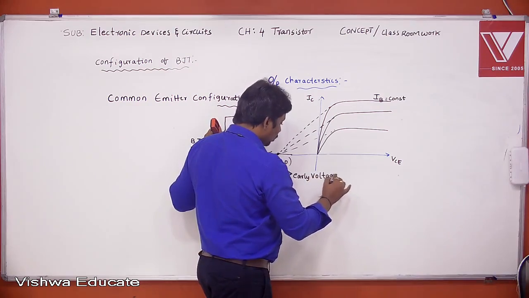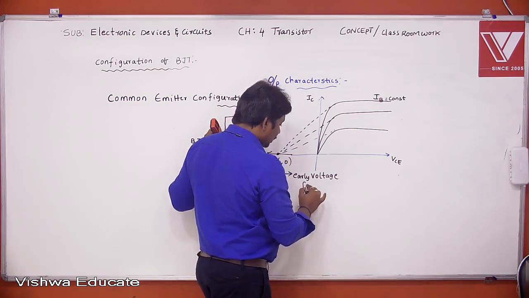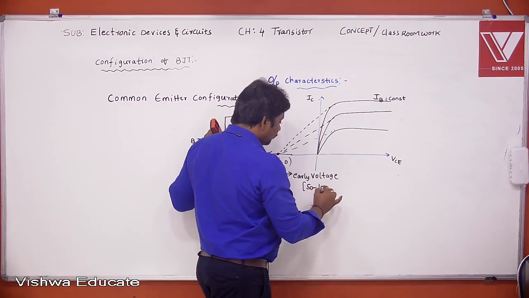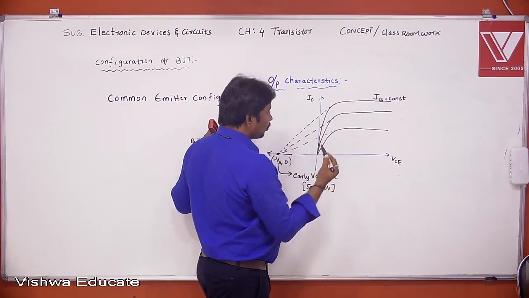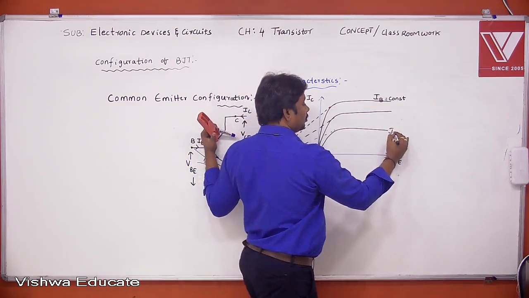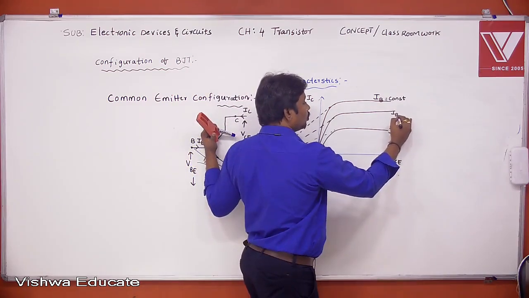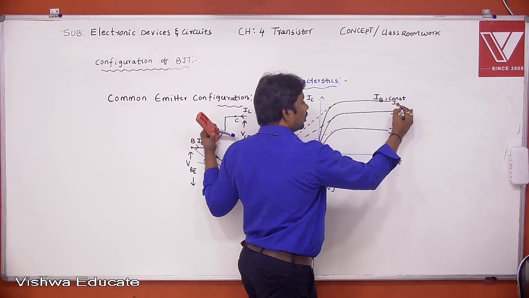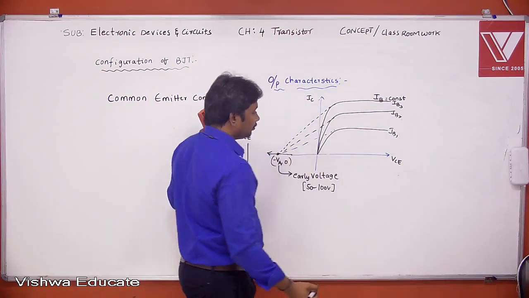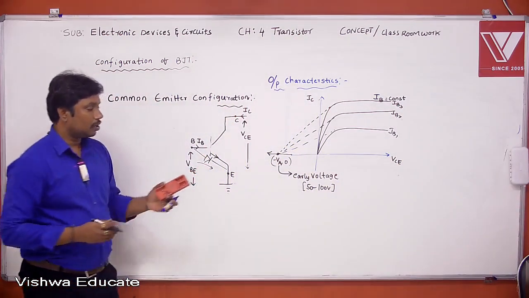This early voltage is in the order of 50 volts to 100 volts. This is IB1, IB2 and IB3. Copy this one.